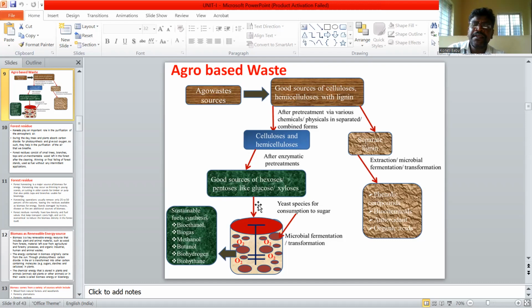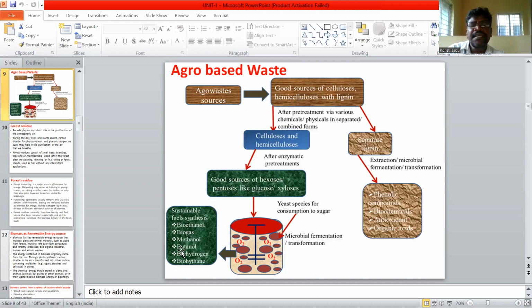So this is nothing but microbial fermentation or transformation. From this microbial fermentation and transformation, it can be converted into synthetic gases or sustainable fuels, that is, bioethanol, biogas, methanol, butanol, biohydrogen, bioethane.